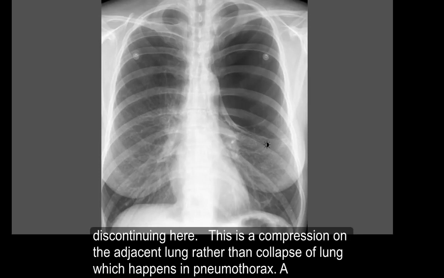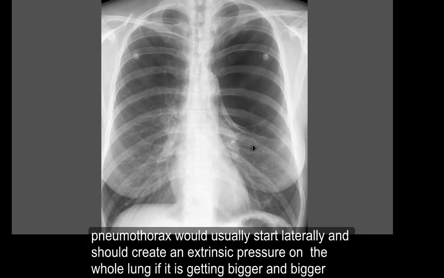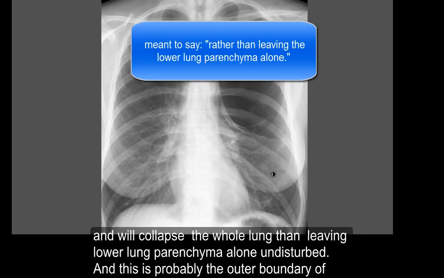There is a compression of the adjacent lung, rather than the collapse of the lung which happens in pneumothorax. Pneumothorax would normally start laterally and should create an extrinsic pressure on the whole lung, and if it is getting bigger and bigger, it will collapse the whole lung rather than the lower lung parenchyma alone.